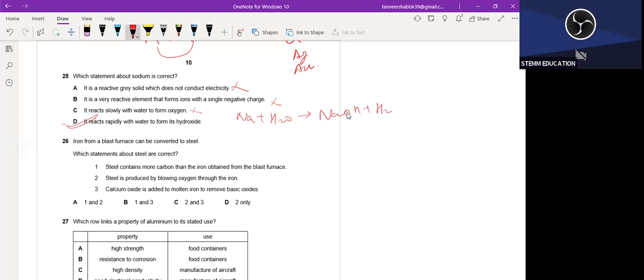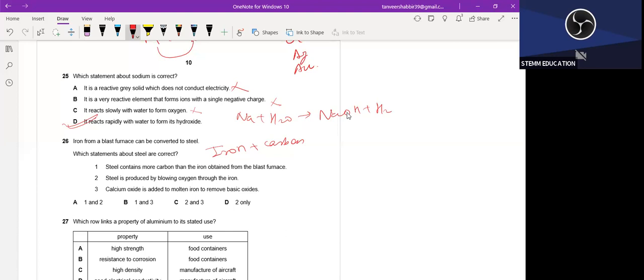Iron from a blast furnace can be converted to steel. Which statements about steel are correct? So steel is a mixture of iron plus carbon. Okay, a mixture of iron plus carbon. So steel contains more carbon than the iron obtained from the blast furnace.